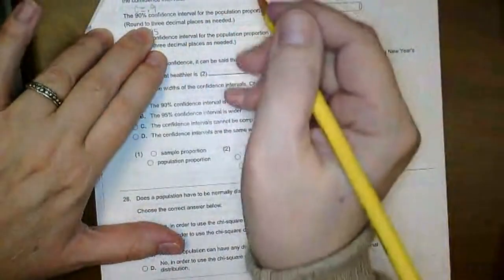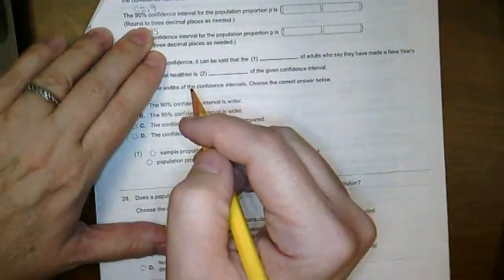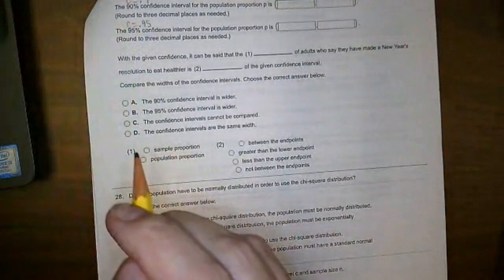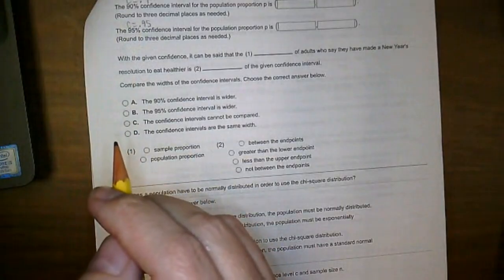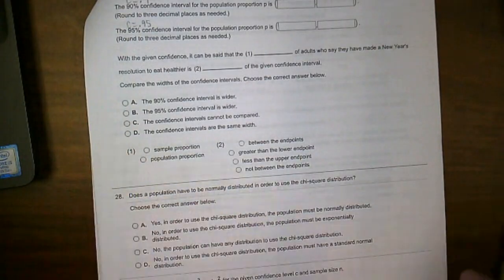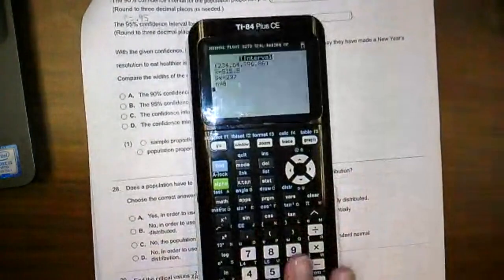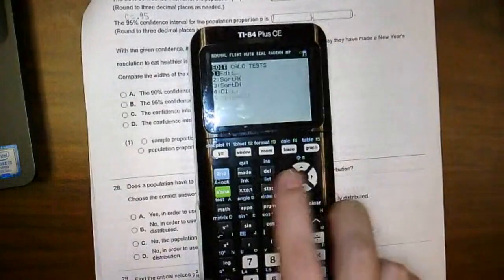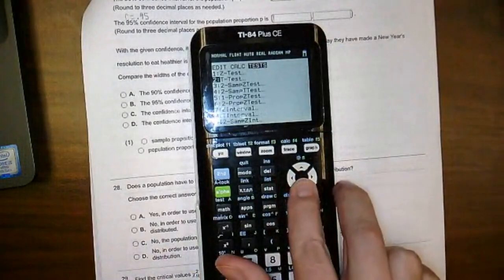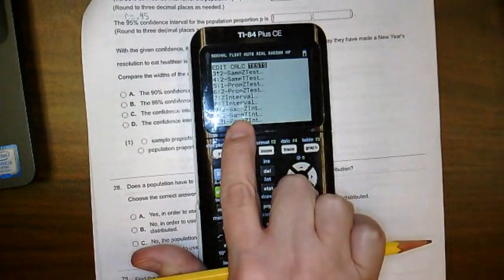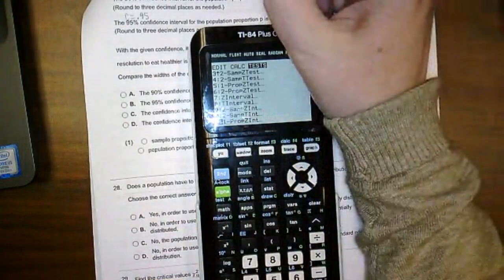Okay, your N. Actually, this is going to be when you go to test, this is A, because it's saying population proportion.